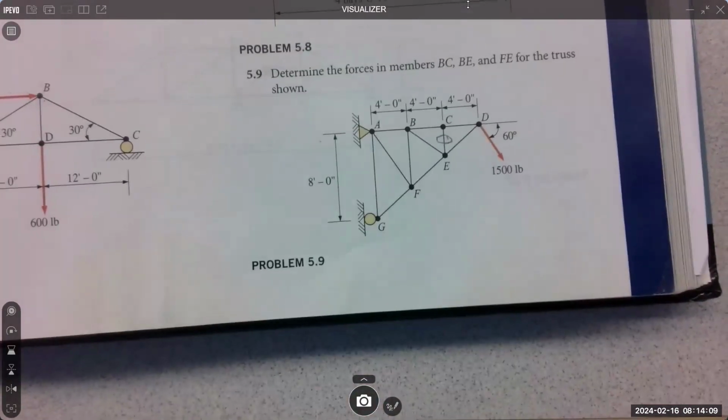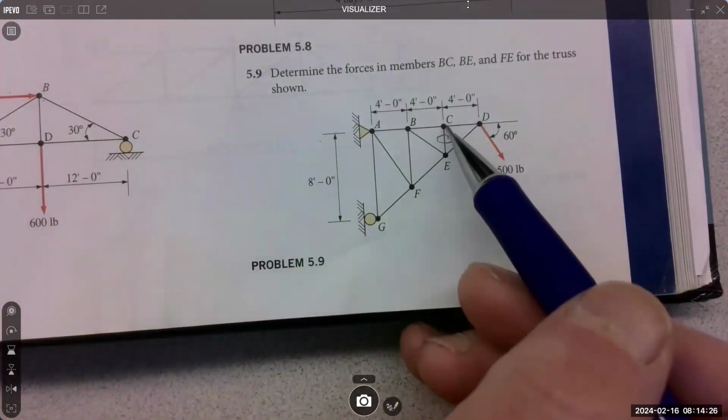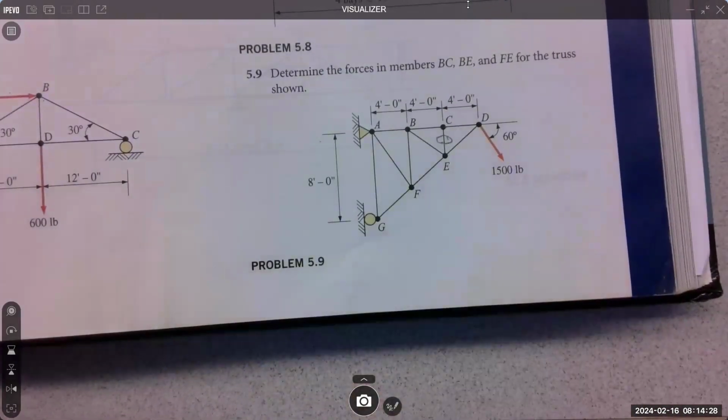Has to be based on the analysis of point C, not based on the analysis of point E. You could never determine that by looking at point E. There's 4 forces at E, and they're going all different directions, right? But based on the analysis of point C, that has to be 0.